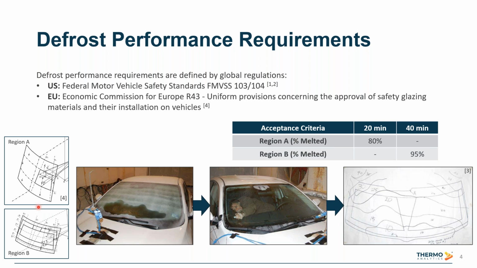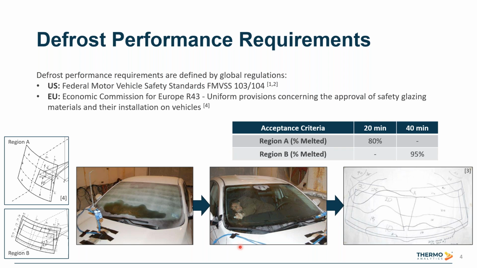For the purposes of this webinar, we'll refer to region A or zone A as this part in front of the windshield, and then a larger region here covering most of the windshield as region B. You can see the performance criteria here in the table on the right. Basically, region A should be 80% melted in 20 minutes, and region B should be at least 95% melted by area in about 40 minutes.